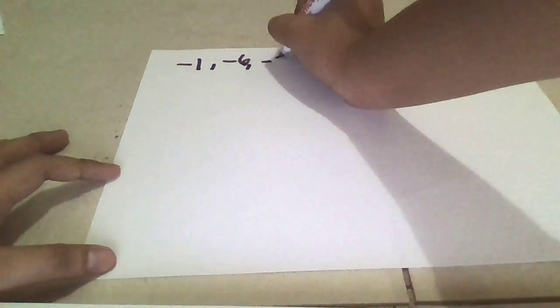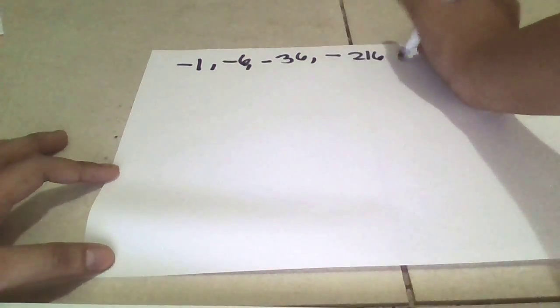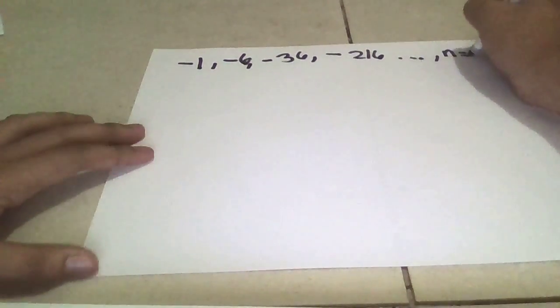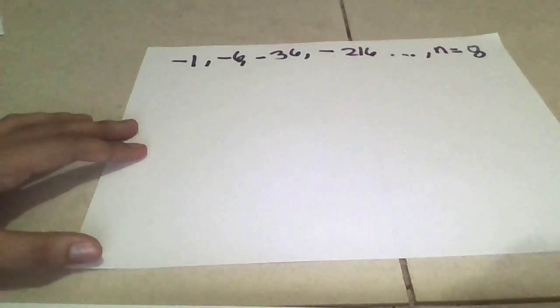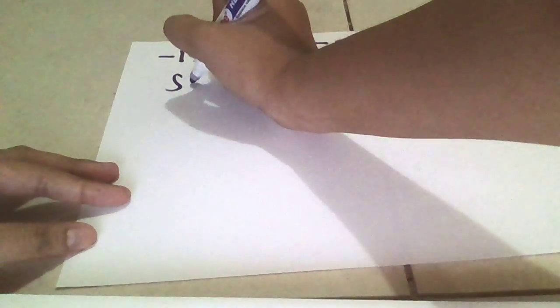So I'm gonna give you an example. Okay, let's say -1, -6, -36, -216, dot dot dot. So you're gonna have 8 terms. Find the sum. First, you're gonna use the formula.